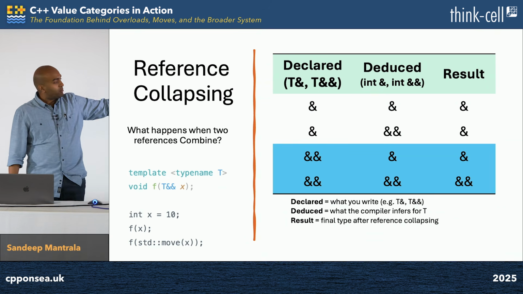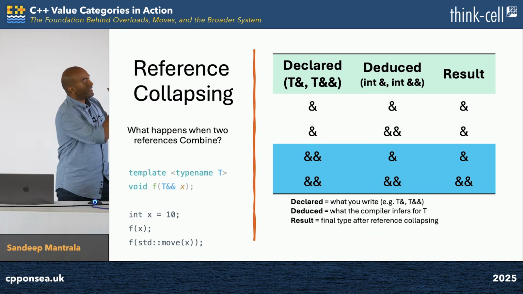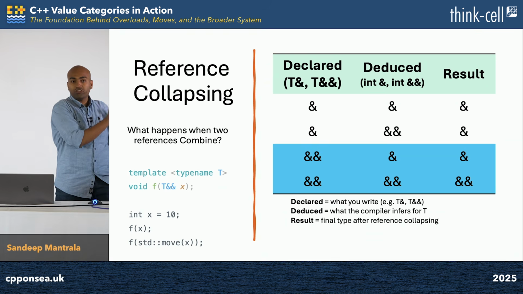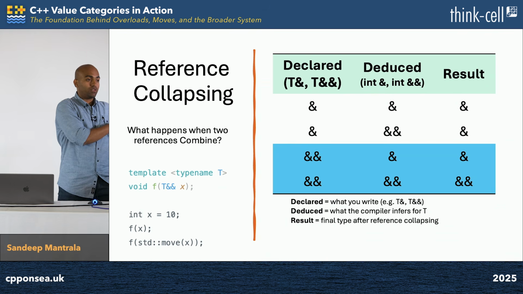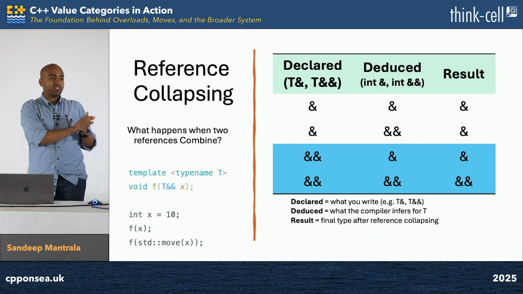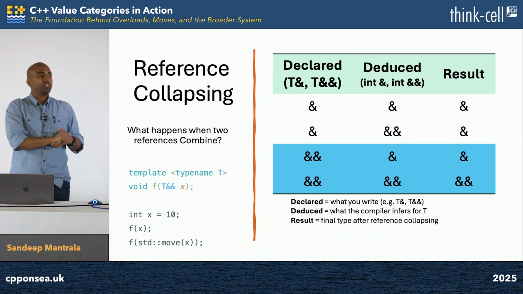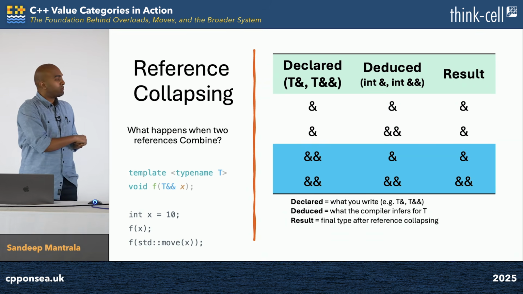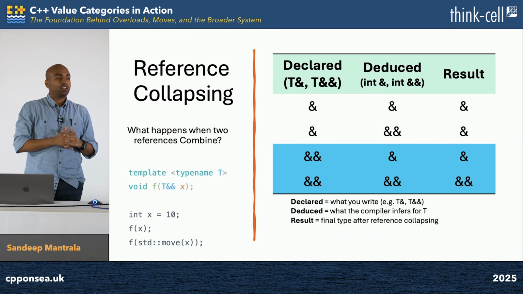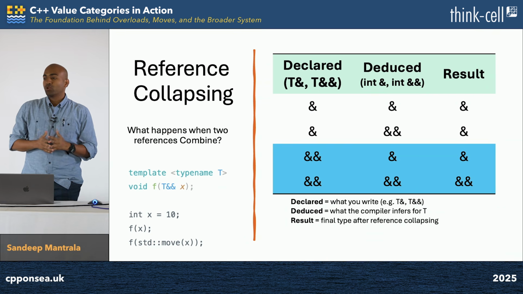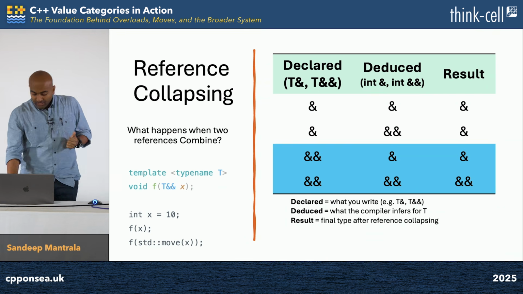So this template code, because of these reference collapsing rules, which are applicable only when T is a deduced type, can bind to both L values and R values. This is good, but this is also dangerous, right? If you're not careful enough, you could bind to both L values and R values and do a move, and we don't want to do that.